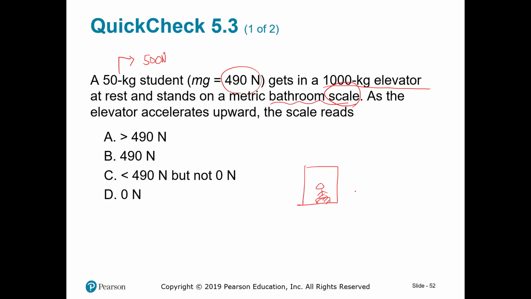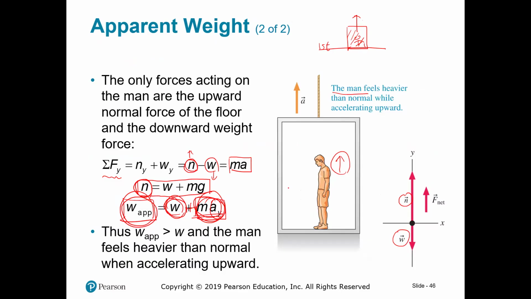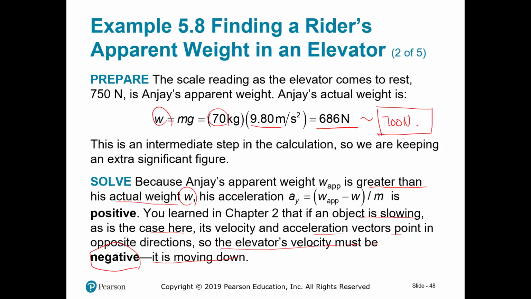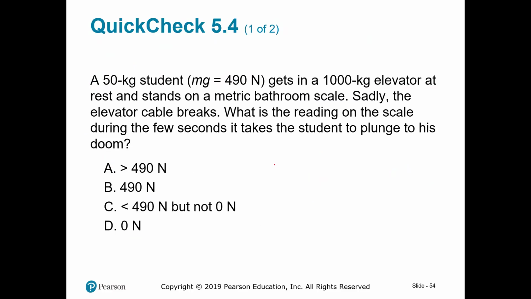So the elevator is moving up, so the acceleration is again positive. If your acceleration is positive, this case is exactly the same as the case you see here, right? So your apparent weight is again positive, so your MA value must be positive as well, right? So the answer is B, right?